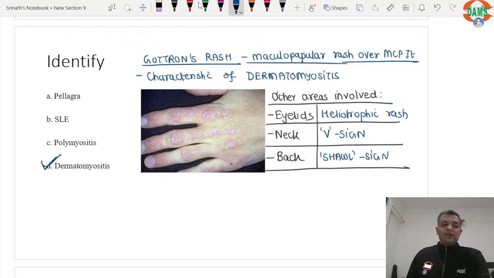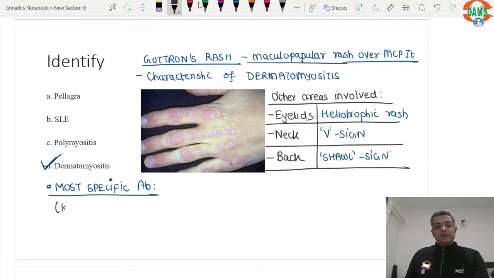But what I want you to know is which is the most specific antibody, even though it is only 10 to 12% sensitive.